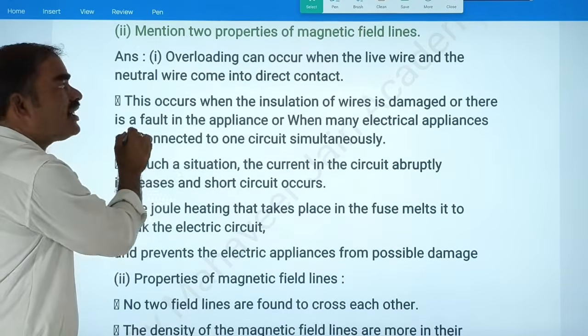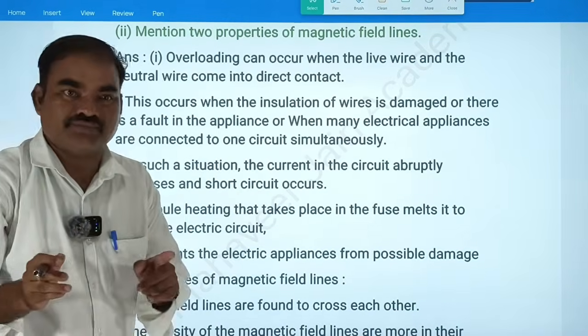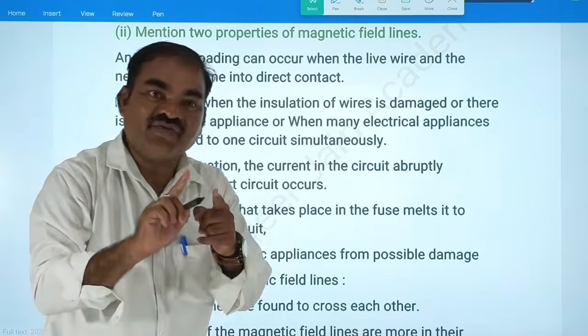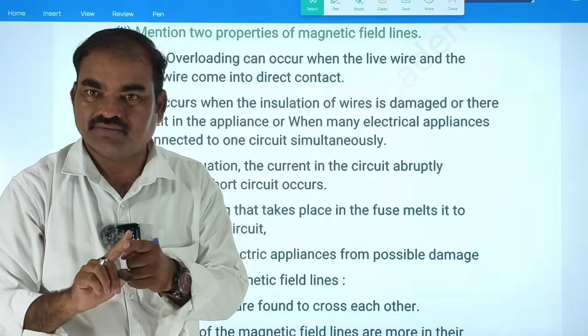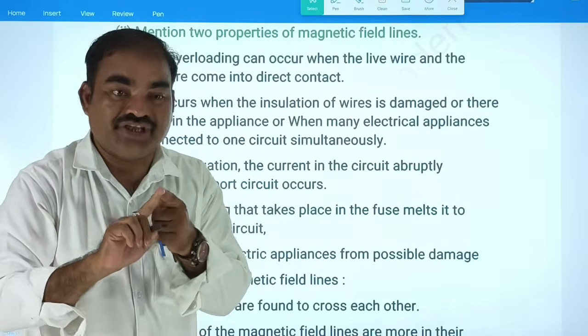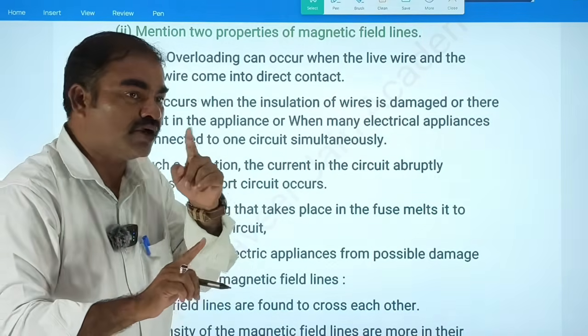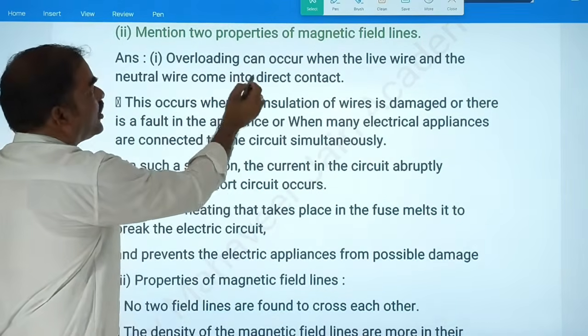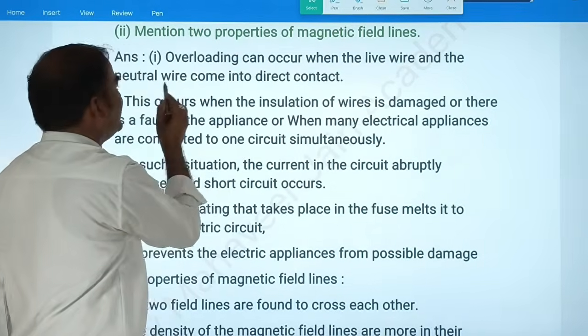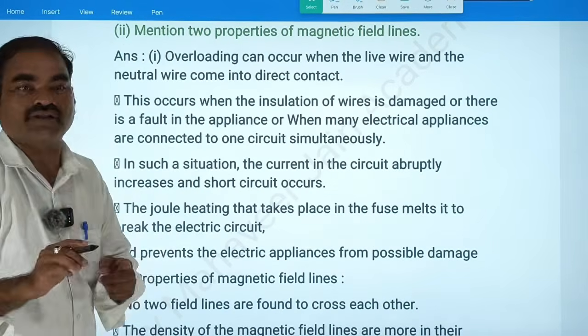So here, overload can occur when a live wire and a neutral wire attach to each other. That time overload will occur. Overloading can occur when the live wire and the neutral wire come into direct contact.